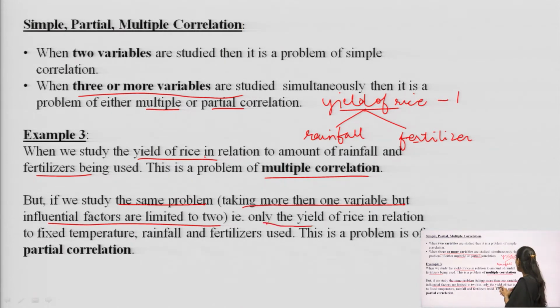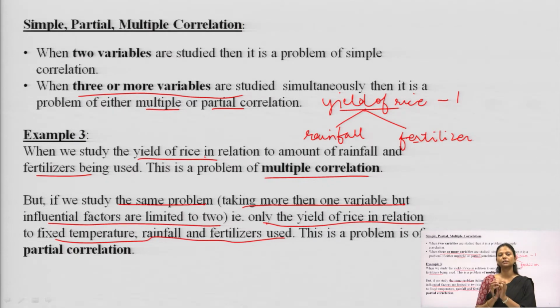For example, the yield of rice in relation to fixed temperature, we are fixing temperature, rainfall and fertilizer used, then it is a case of partial correlation. Here we have more factors, but we are fixing a few factors and studying the yield of rice taking only two factors, keeping the other factors constant, then it is called a partial correlation.